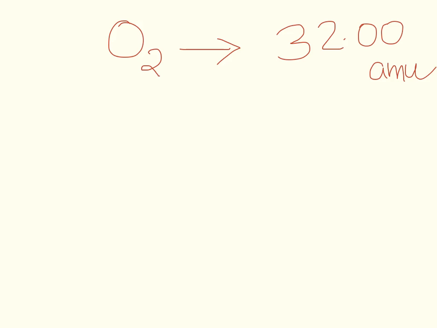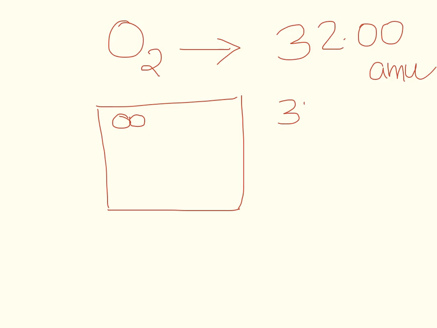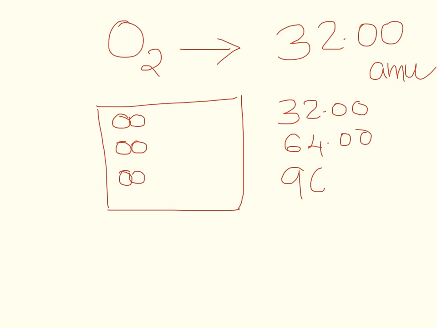Now in a box or in a container, if we have one oxygen molecule, the mass of that sample is 32. If we have two oxygen molecules, the mass of that sample will be 64. If we have three molecules of oxygen, the mass will be 96.